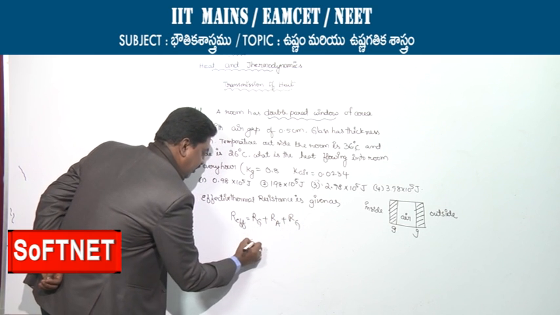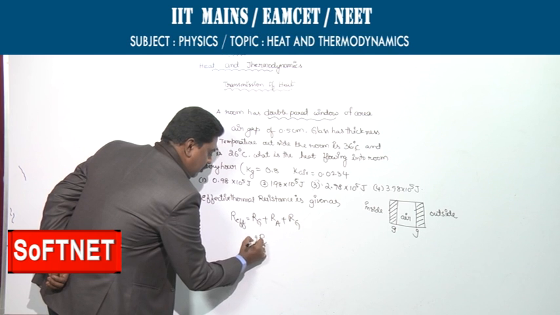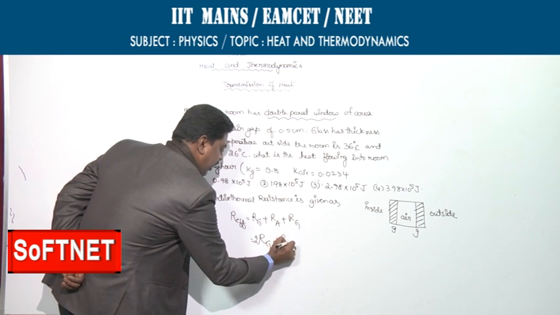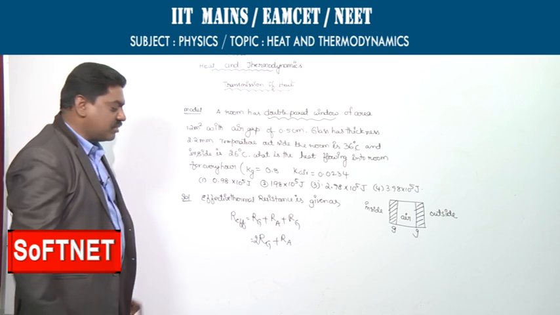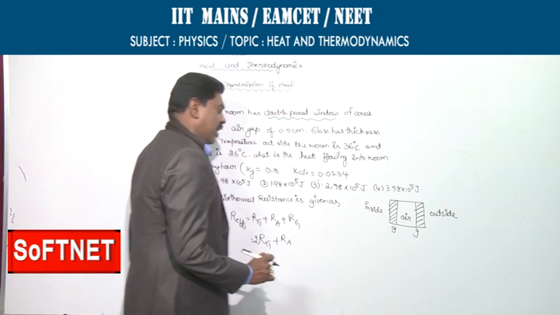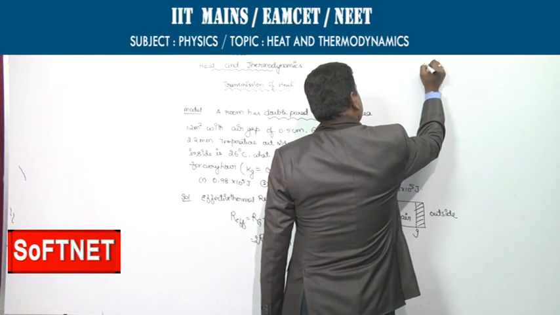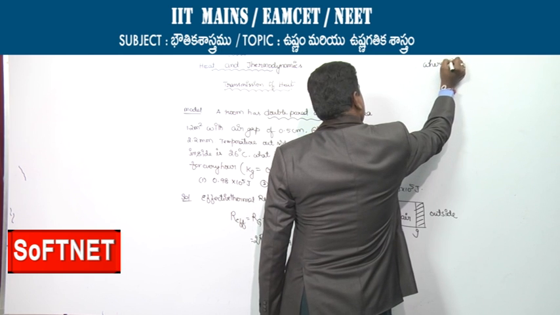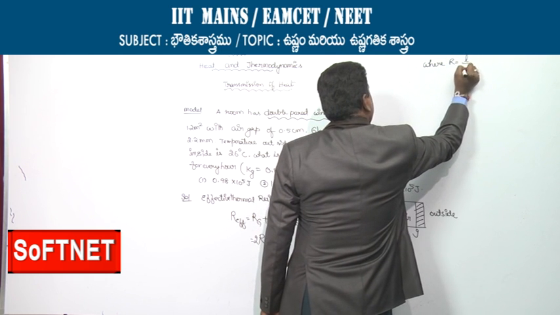This I can write as 2Rg plus Ra, where R is given as L by KA.